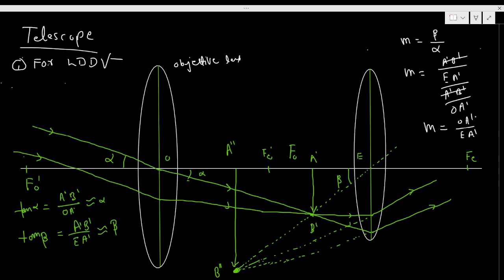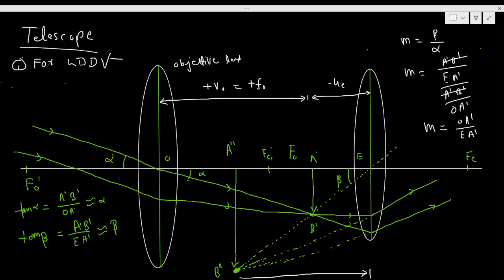Now you can put the values of OA dash and EA dash. So let's make some notations. This should be the distance of the image. This should be plus VO, or you can write also plus FO because that is also the focal length. And this should be minus UE because this is the distance of the object from the eyepiece. And this, of course, we know is minus D, the distance of the image from the eye lens.